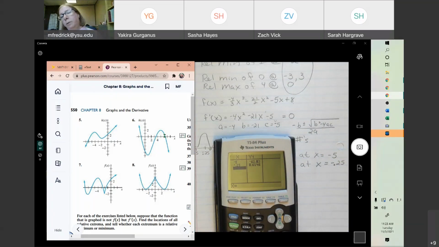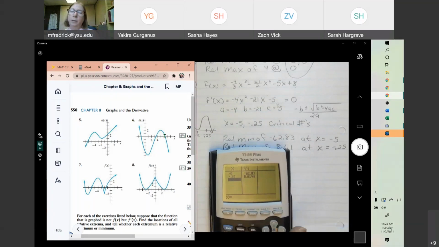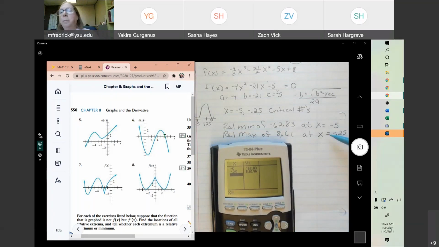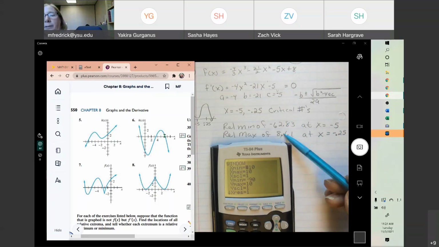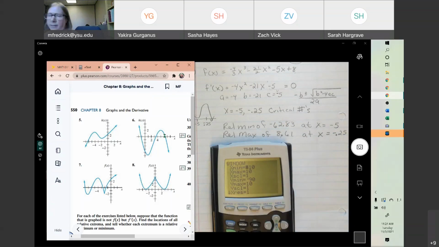Now, if you did want to graph it, looking at the values I have, my x values are going from a negative quarter to negative 5. So negative 10 to 10, those would be in there. Now this one, notice it's going all the way to a negative 62. So you could put a negative 65 here. I have a negative 90 because another problem it'll work good for.